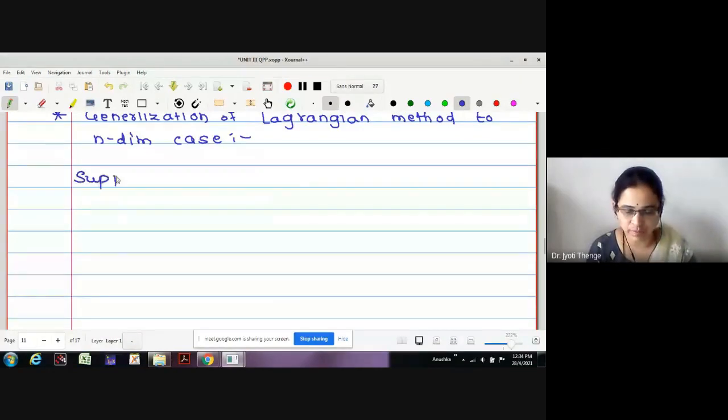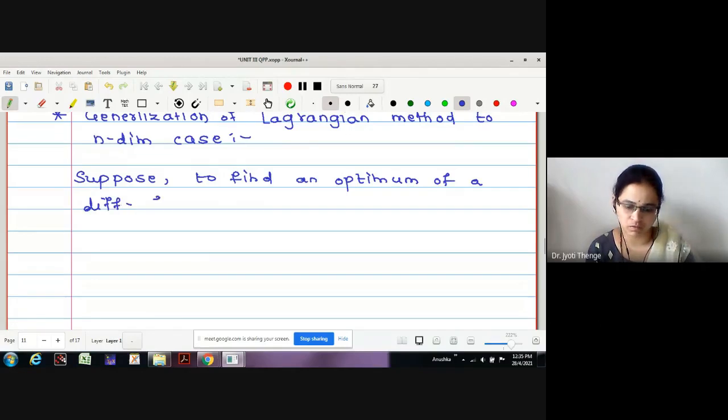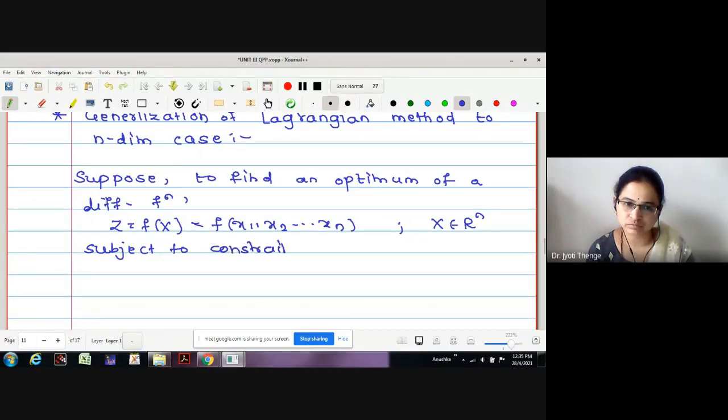Suppose, let me consider the problem now. Suppose we want to find an optimum of a differentiable function z equal to f of X, which is actually f of x1, x2 to xn, or one can write X is in Rn, subject to m constraints, m less than or equal to n.